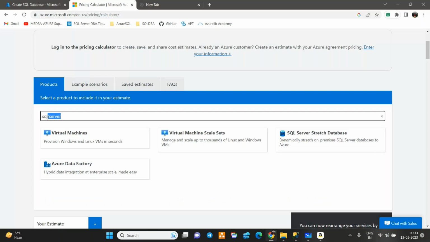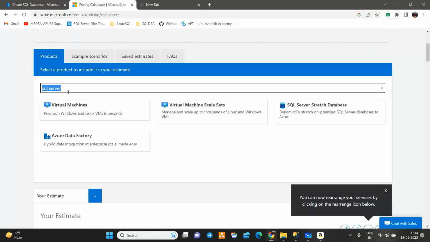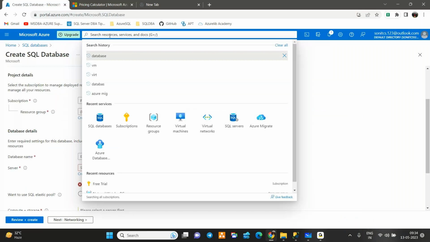Any service related to SQL server you can see here: the VM, the VM scale set, the SQL database, Azure Data Factory. Are you able to see any server called SQL Server here? No, right? It means Microsoft is not charging for a logical server.